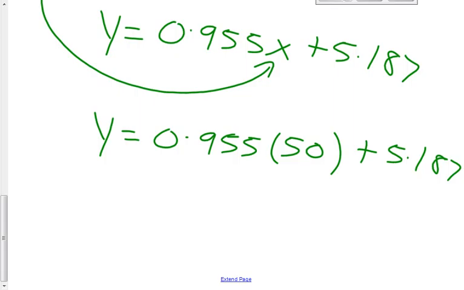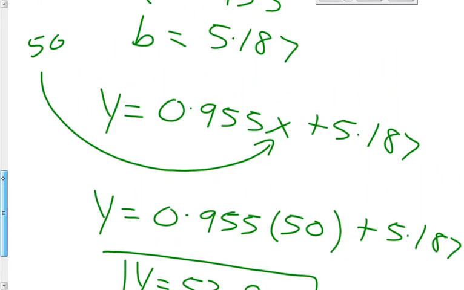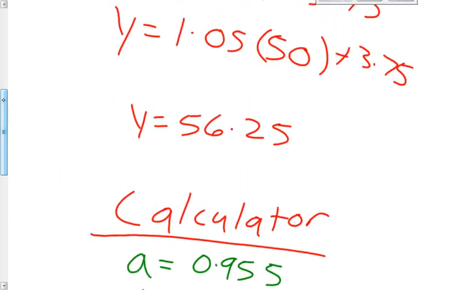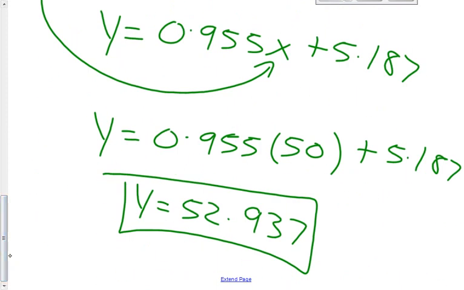So after multiplying and then adding, you should have got a value of y equals 52.937. And as you can see, the calculator being perfect is not exactly like our answer, which is imperfect. But this is how I want you guys to do it for your assignment, and this is how I want you to do it for your test.